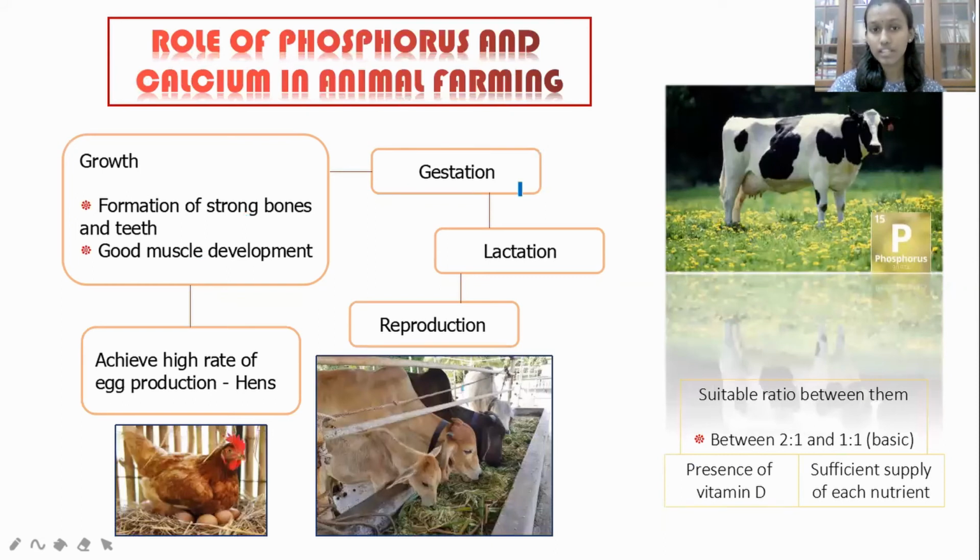So during the gestation period, the farm animals need quite an abundant supply of phosphorus and calcium for the young and also for themselves. And lactating farm animals also need quite an abundant supply of phosphorus and calcium. And finally, agricultural specialists have found out that an adequate supply of phosphorus and calcium can improve the fertility of the farm animals. So phosphorus and calcium are quite important in animal farming also.